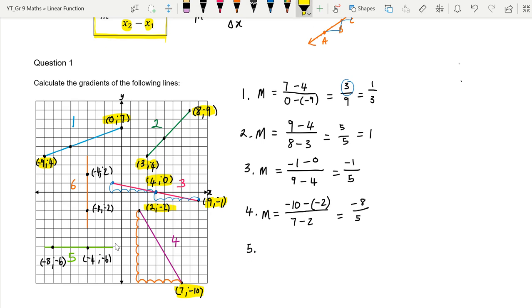Now, I don't know about you, but if we look at 5, I would say that that is a special line. It is just horizontal. There isn't the steepness. Can I say that even? There isn't a slope. There isn't a gradient. It is like flat. The gradient is 0. Can we prove that? I mean, by using our calculation. Let's see.